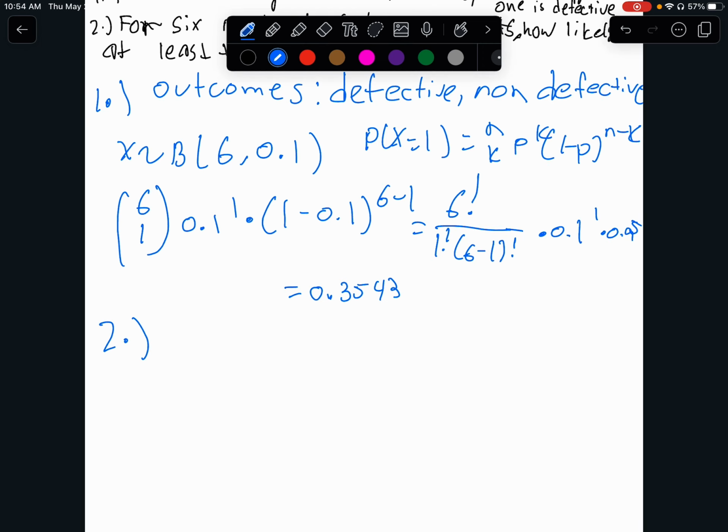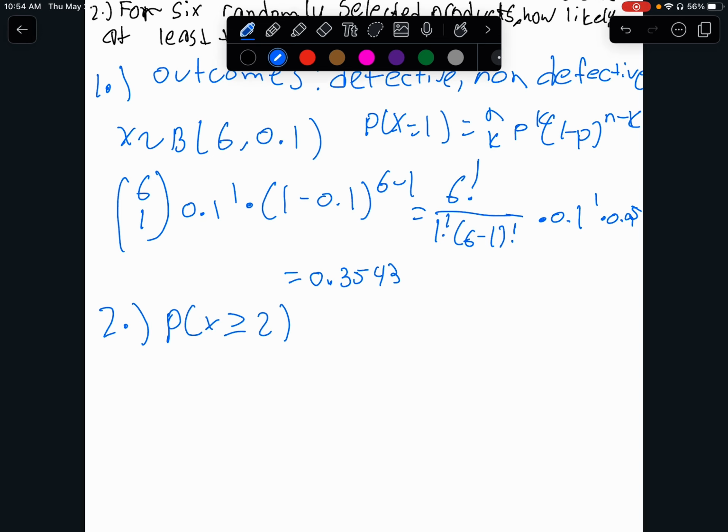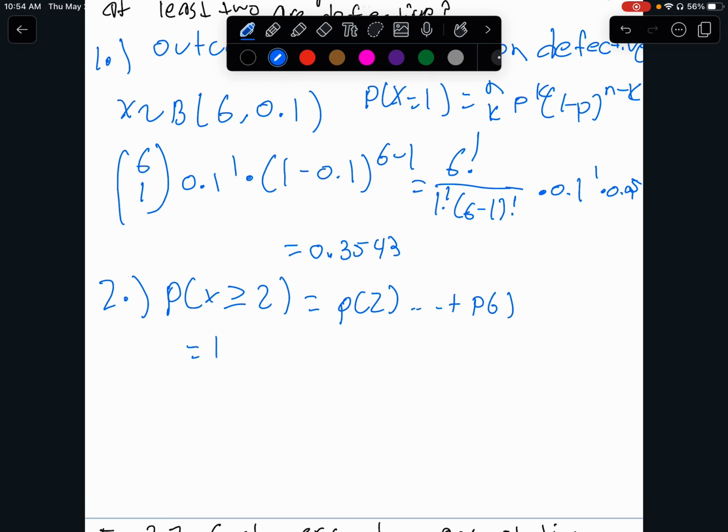Our second part, the probability that X is greater than or equal to 2. You'd have to do the sum of P(2) through P(6), and so instead we get 1 minus P(0) minus P(1).